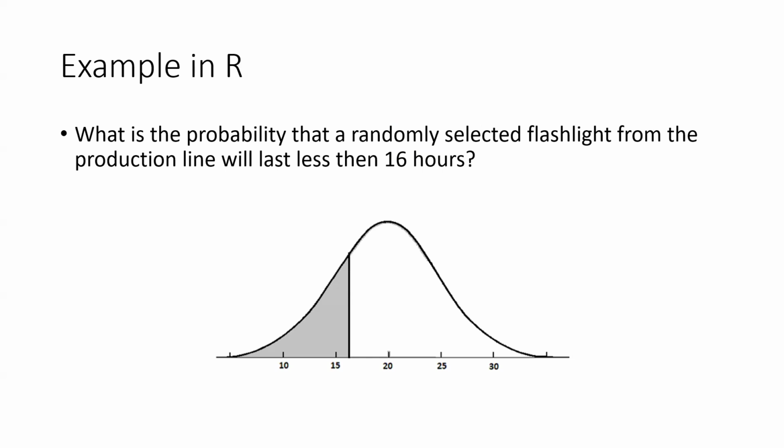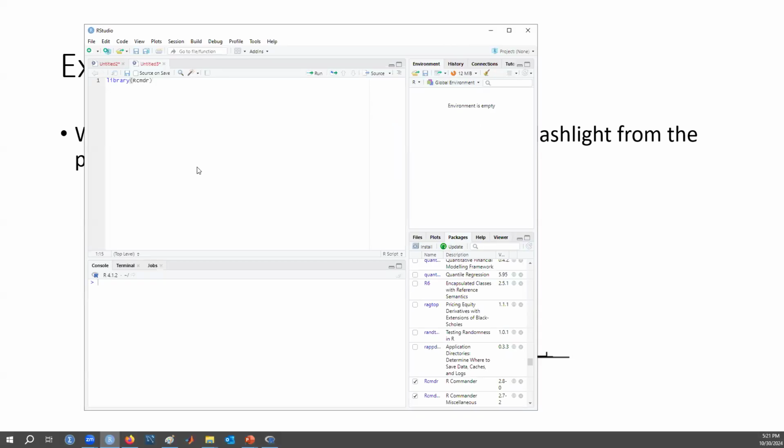Keep that in mind. So I've already pulled up RCommander on my computer, so let's go through this real quick. And we're going to do the slides as well. So here is my RCommander in my RStudio session. Now remember, there's two ways to initiate an RCommander session.